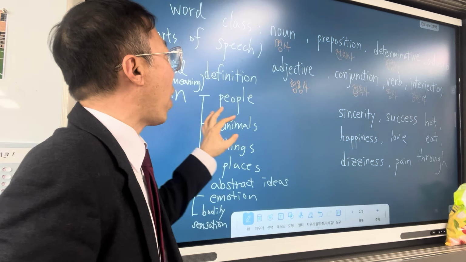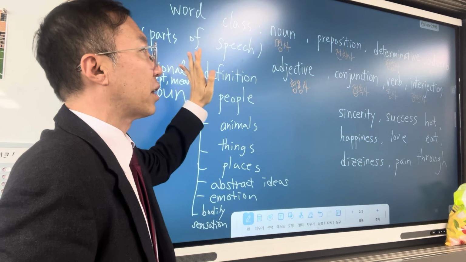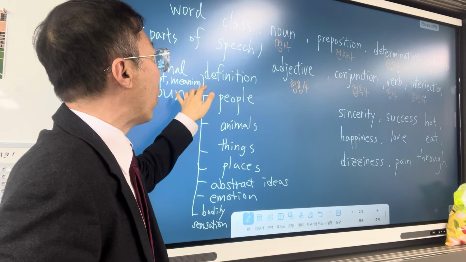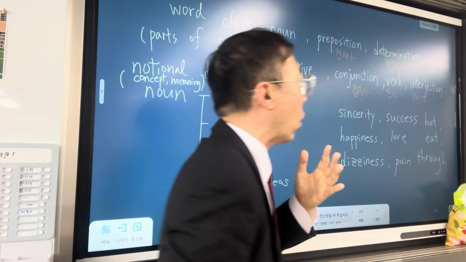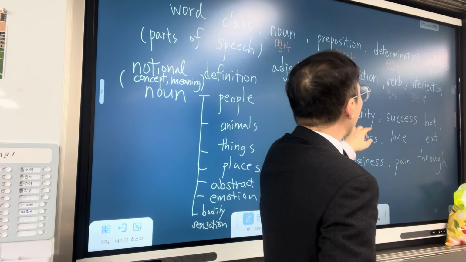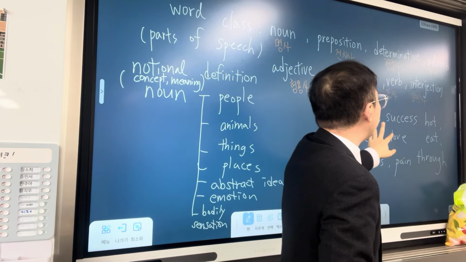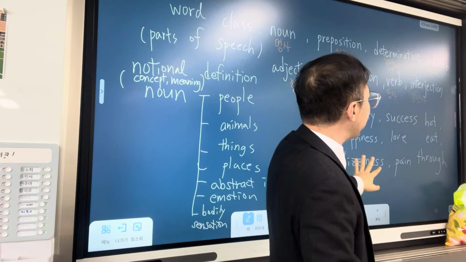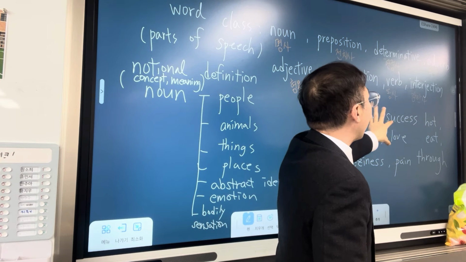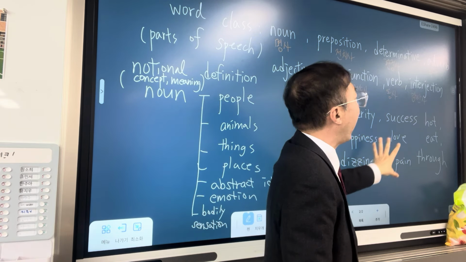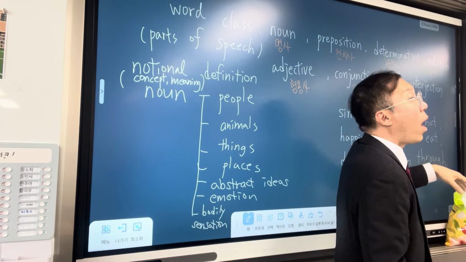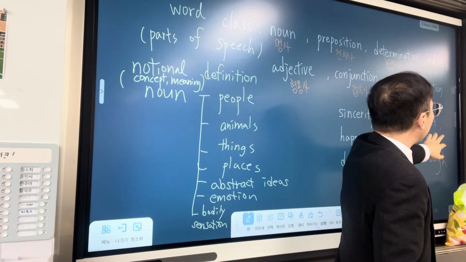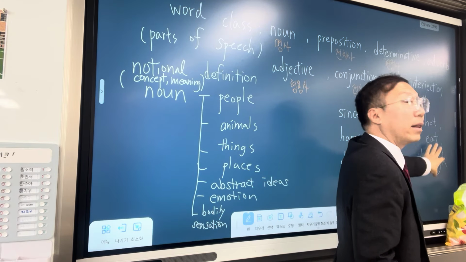Secondly, what we want to know is why words like sincerity, success, happiness, love, disease, and pain can function as nouns, while words like hot, eat, and throw are not nouns.